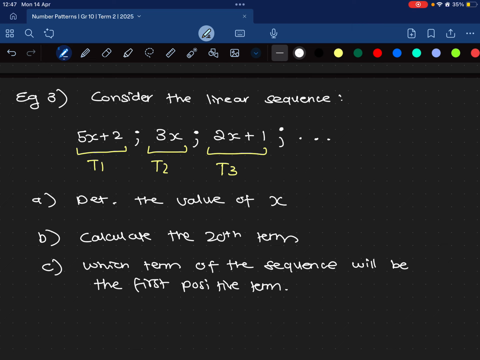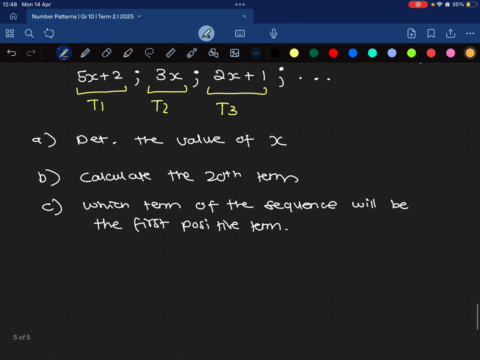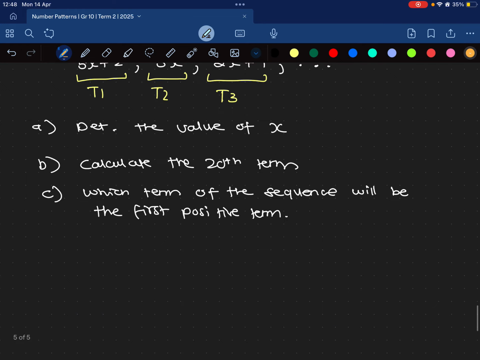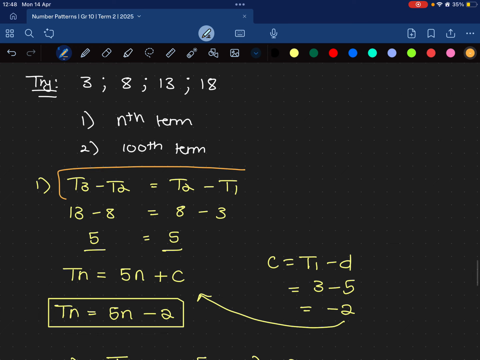So let's start where it says determine the value of x. I know that this sequence is a linear sequence, which means that there must be a common difference. Remember the common difference, like I did previously, is this.